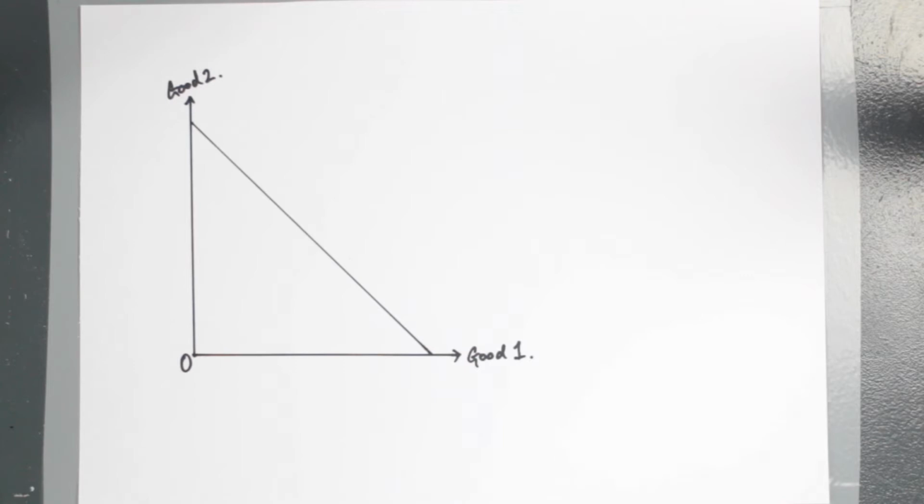Okay, so let's have a look at the idea of compensating variation. The basic idea of compensating variation is measuring the amount of money it takes to restore a consumer's utility to its initial level after a price increase. So let's do this in more detail now.